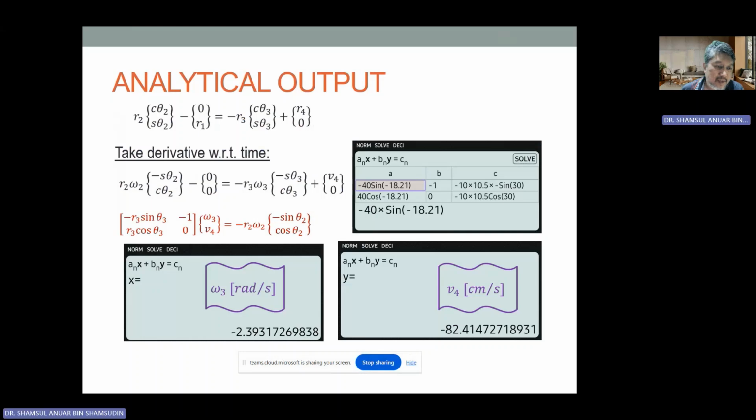Then you differentiate theta 2 itself, and you get theta 2 dot, and in this case, we have omega 2 instead. Then you do the same for this one and this one. For R4, you differentiate since R4 is not fixed, so you get V4. Then you rearrange, you can get it in this formation, and then you can solve this like a matrix system. All right.